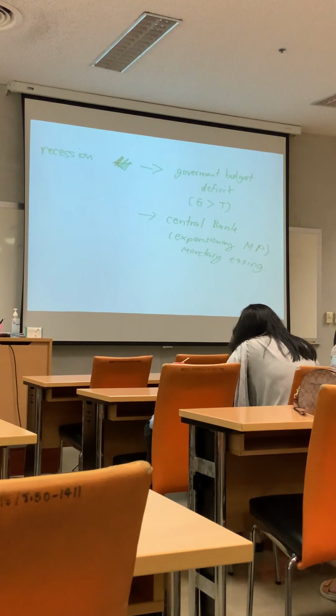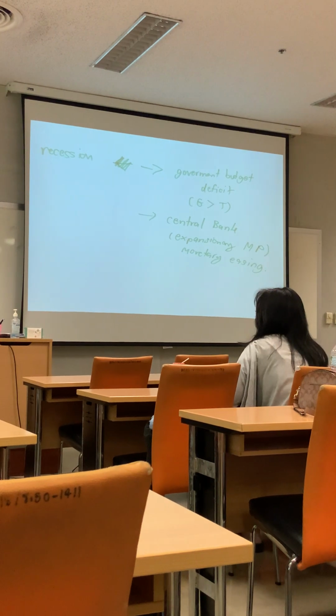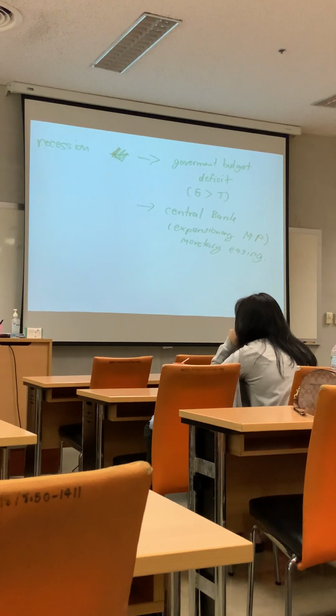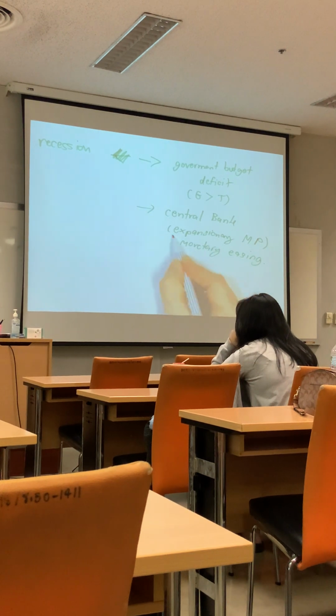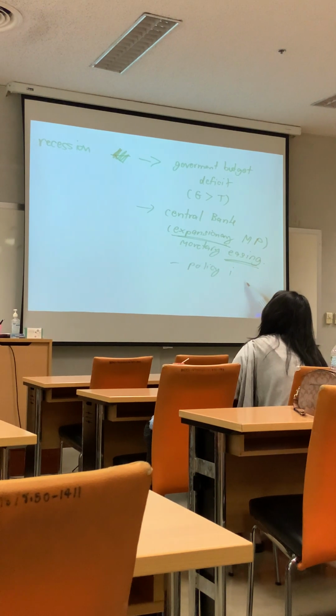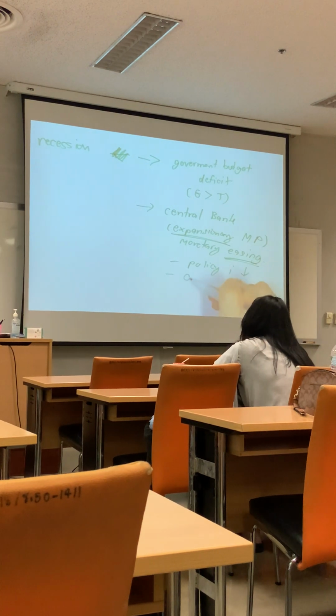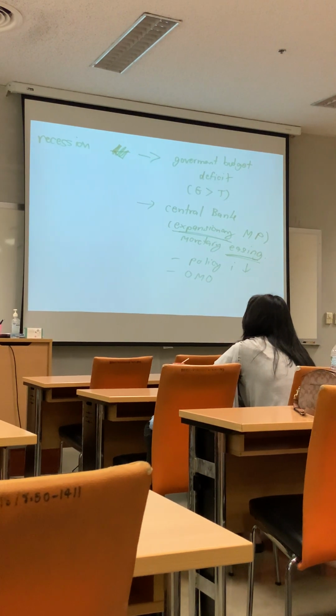I'm just refreshing your knowledge of chapter 16, whether you can remember or not. What are the central bank tools to do monetary easing? If I do policy rate, what do I do? Increase or reduce? Reduce. If I do OMO, will I do OMO purchase or sell? Okay. If I change my reserve requirement, what do I do? Reduce or increase?